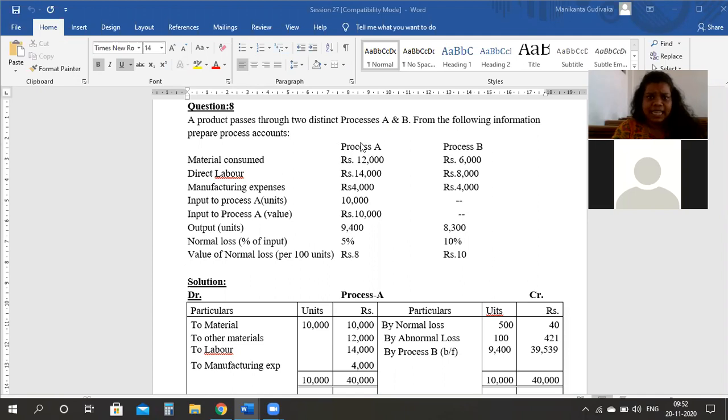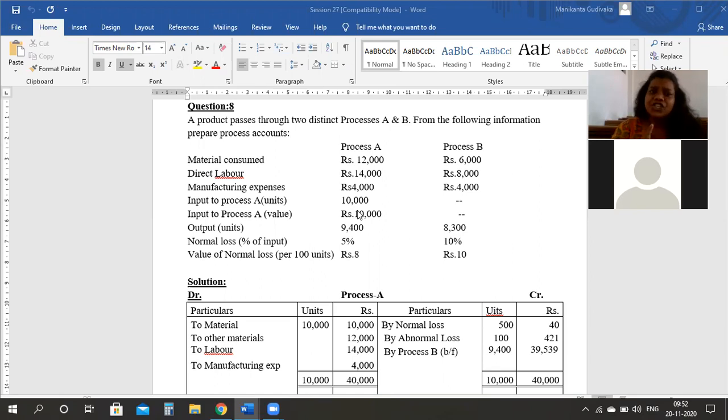You have process A and process B given with the relevant information. The material consumed we have. Tell me guys, debit or credit? Debit. Direct labor? Debit. Manufacturing expenses? Debit. You have input for process A, which means the units you are introducing in process A are given, and the concerned value for those units is given as 10,000.